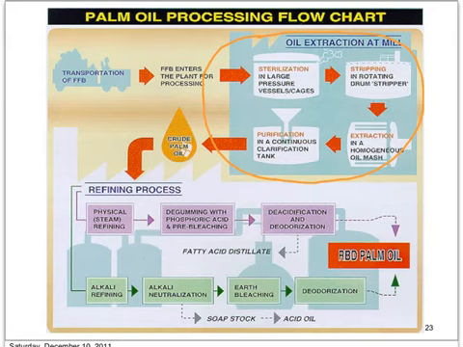So there are various stages of refining, and finally we will get the refined oil. RBD palm oil here means refined, bleached, and deodorized palm oil. And we can get various byproducts from the refining process, for example fatty acid distillate, or the soap stock.